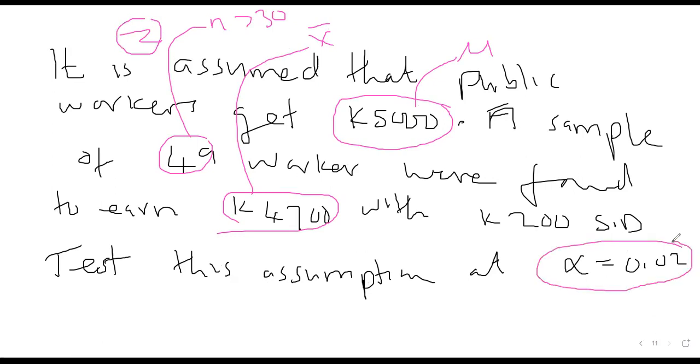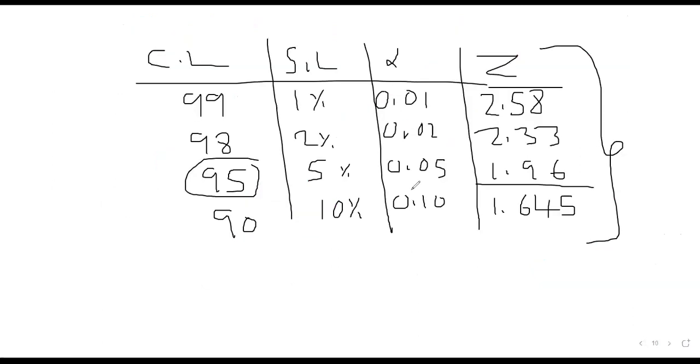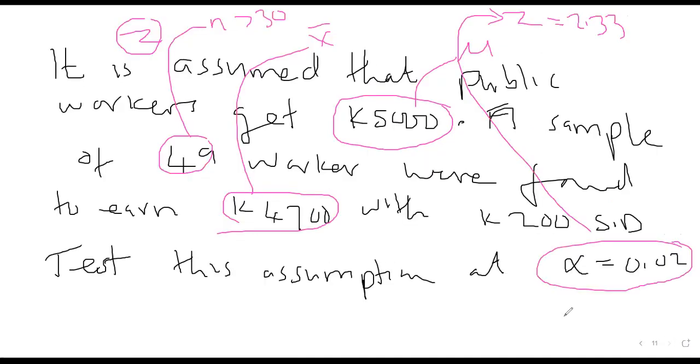This alpha level is 0.02, meaning Z is what? 2.33. It is the same as 98%. So if we go to our previous table here, it simply tells us that 98% is 0.02, which is 2.33. So this has to be memorized.